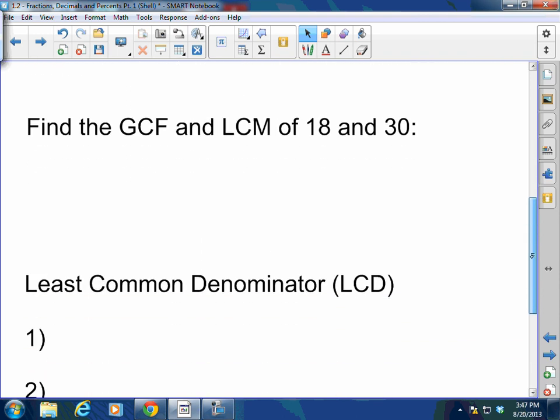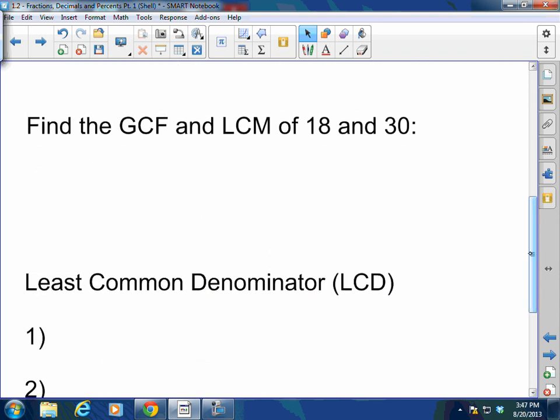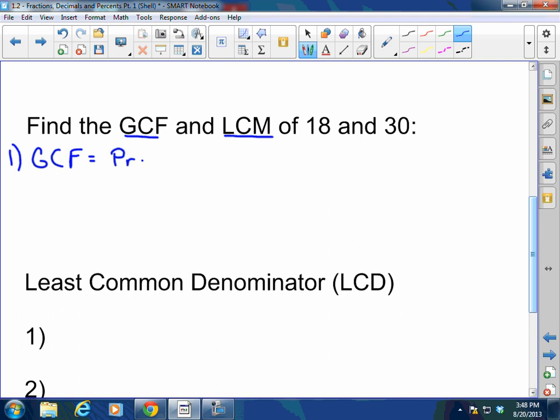Now, I keep saying it's very easy. Let me prove it to you. Let's find both the GCF and the LCM of 18 and 30. Let's go ahead and write a couple procedures here. Number 1, to find the GCF: the GCF equals the product of paired primes. I'll explain what that means in a second.